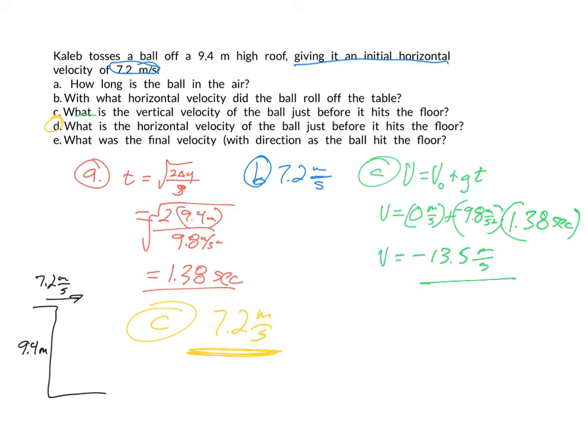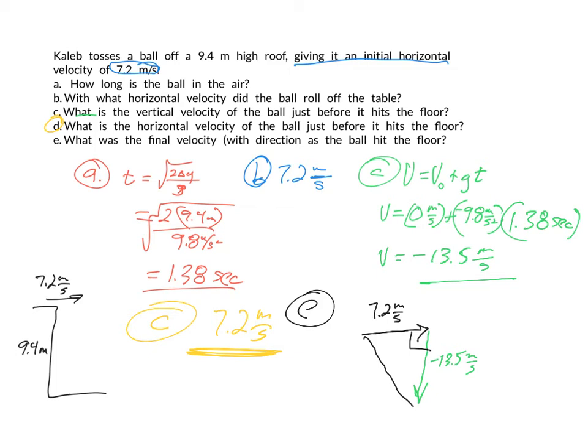All right, now let's get to E, where they ask what's the final velocity as it hits the floor. I have a horizontal velocity of 7.2 meters per second, and I'll do green, a vertical velocity of negative 13.5 meters per second, and I'm trying to find the hypotenuse.